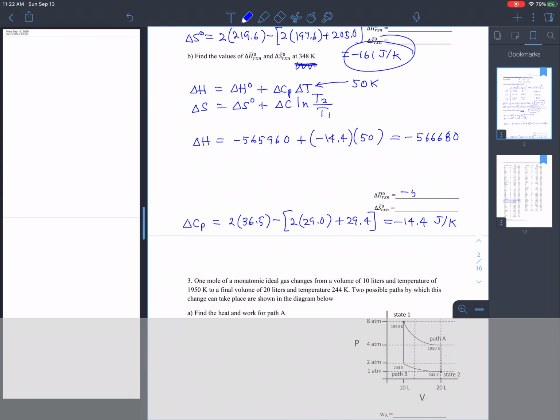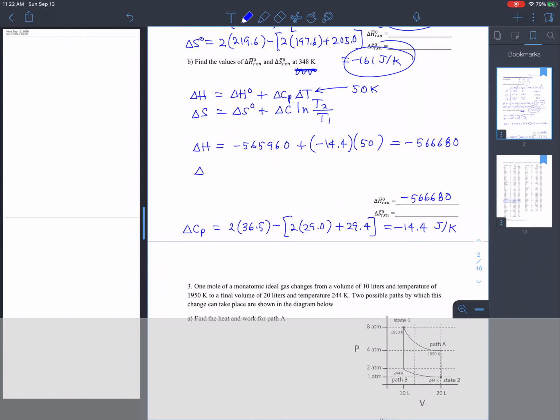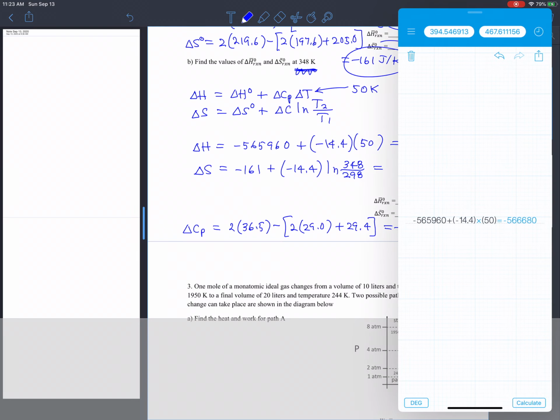All right, so minus 566,680 for delta H. Delta S is then minus 161 plus minus 14.4 log of 348 over 298, which is equal to, so that's the same as this, let's undo here, except log of 348 over 298.